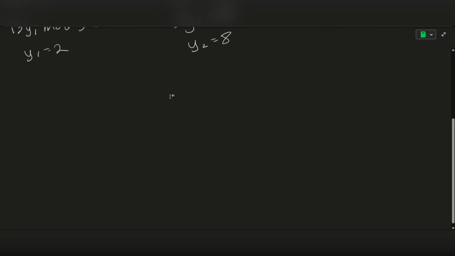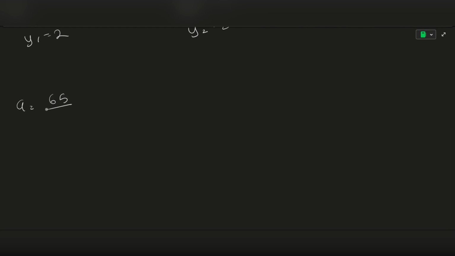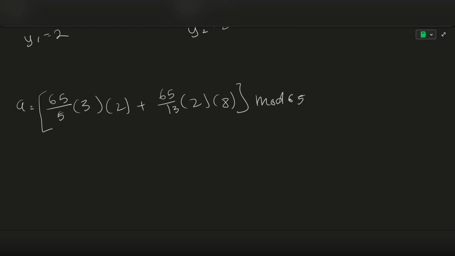We have a is equal to our n, 65 over d1, which is 5, then x1, which is 3, and y1, which is 2. Plus, let's put this all in a bracket, we have n over d2, which is 65 over 13, times 2 times 8. All this mod 65.